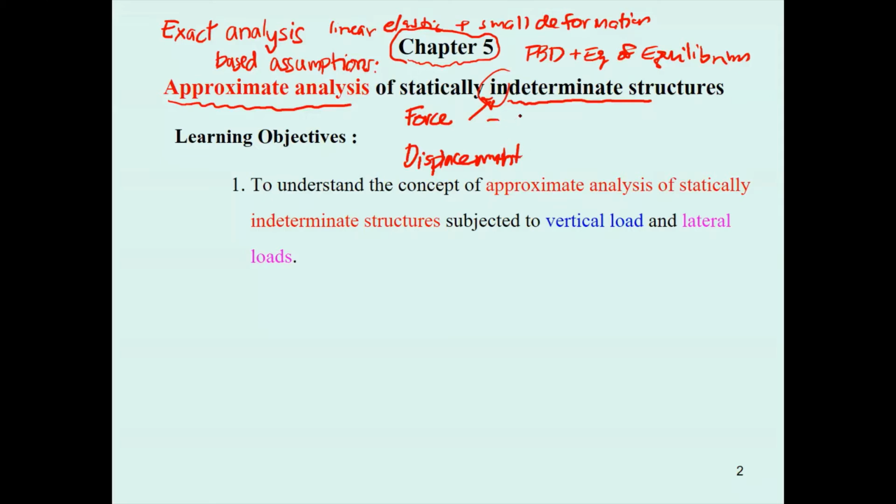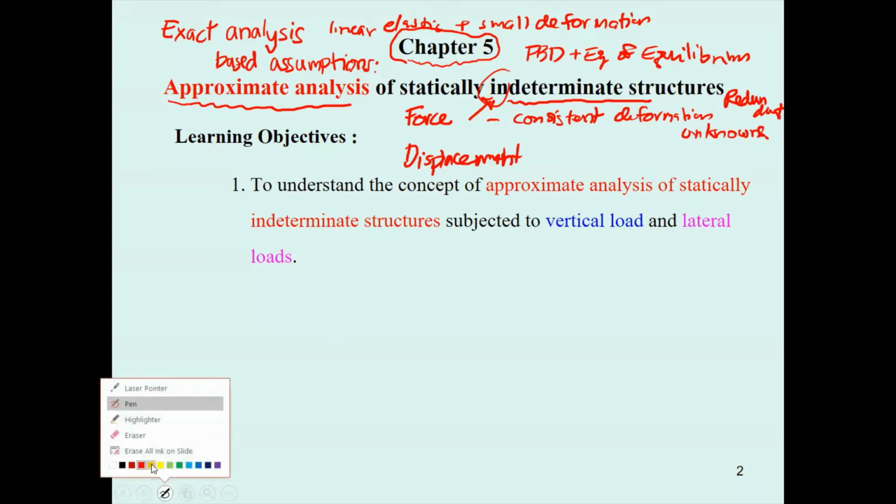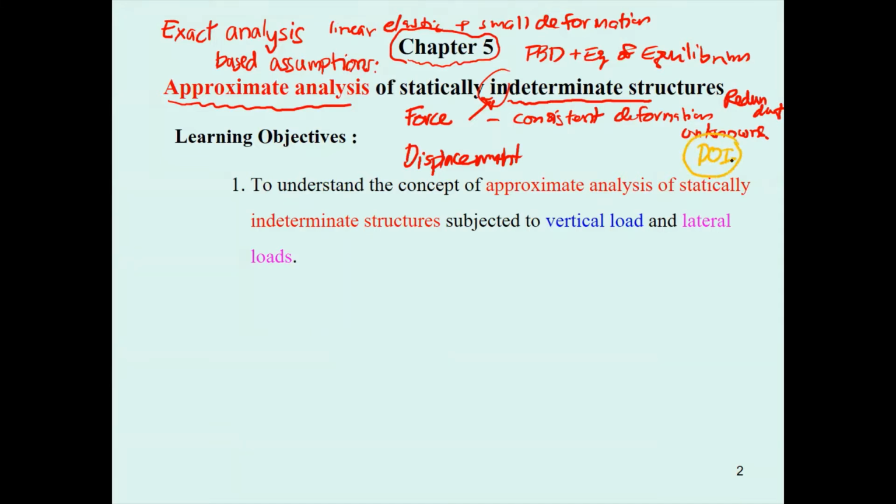The force method we study in the theory of structures, such as consistent deformation, in which we use the redundants as the unknowns to determine the force and the moment that we are looking for. In the force method, we look at the degree of indeterminacy of the structure.